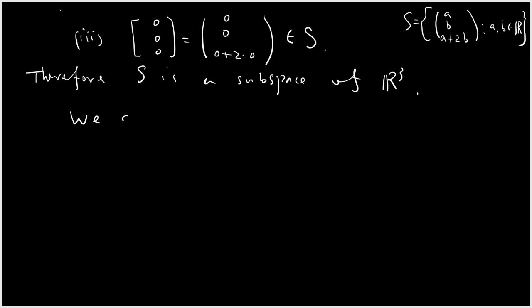For the second part, we claim. Later on, I'm going to tell you how to get the 2 vectors. But if you can guess the 2 vectors, it's better. We're looking for 2 vectors in S satisfying the condition that every vector in S is a linear combination of the 2 vectors.